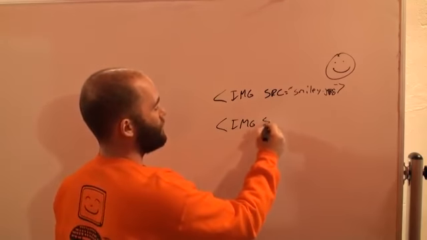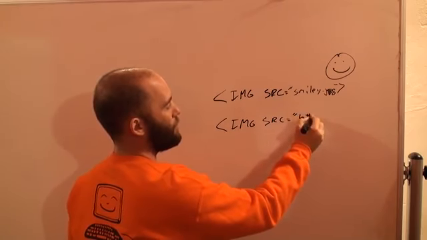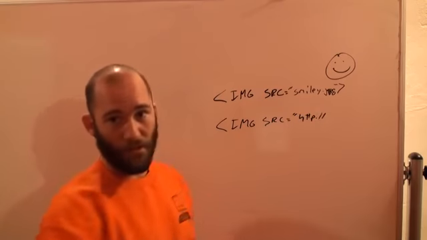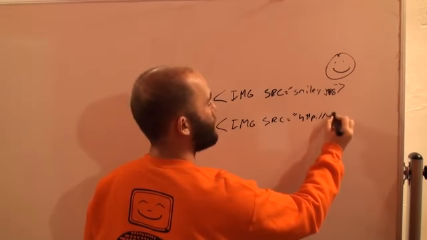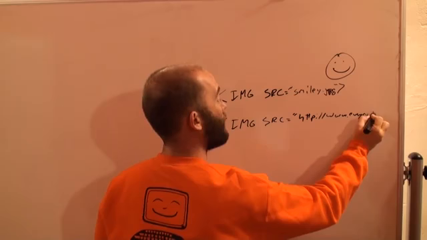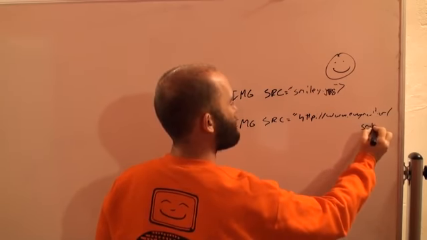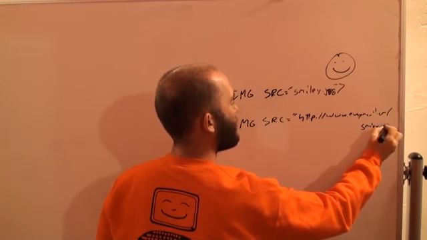So image src equals, and then you would do http and the full address to wherever that picture is. So then it would be www.it.com/smiley.jpg.